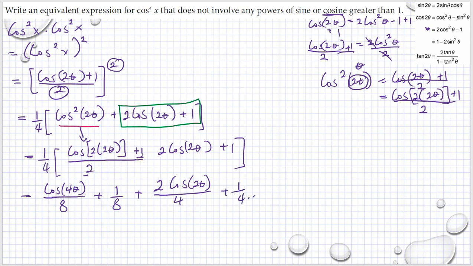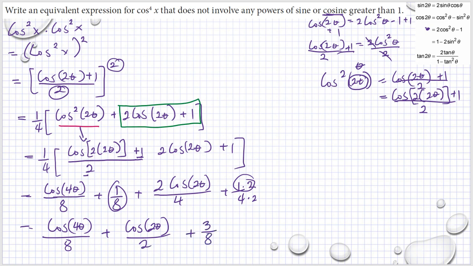So if we expand this by 2, then we have 2/8 plus 3/8. 1/8 will become 3/8. So we have cosine now 4 theta divided by 8 plus 2 times 1/2. That's 1/2 already. Cosine 2 theta divided by 2 plus 3/8.